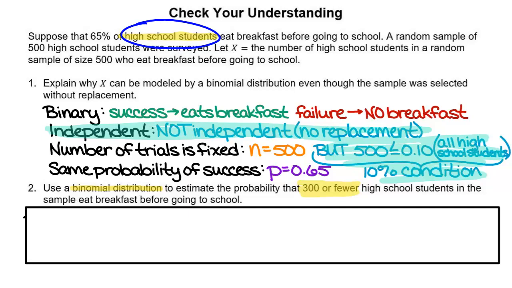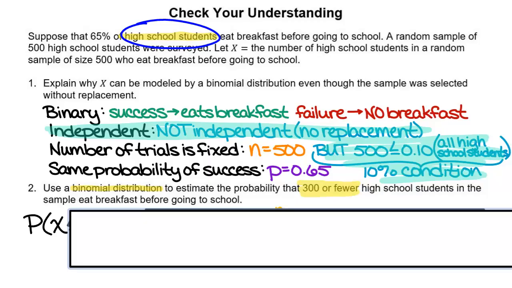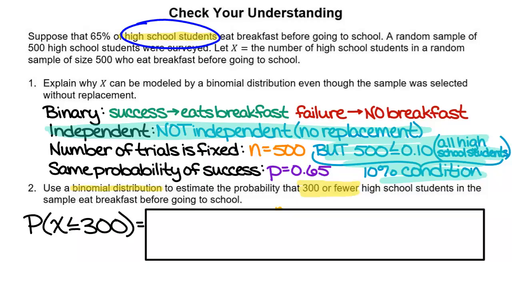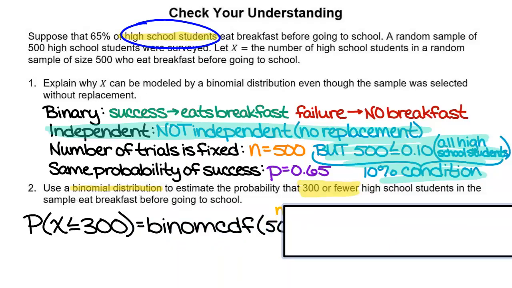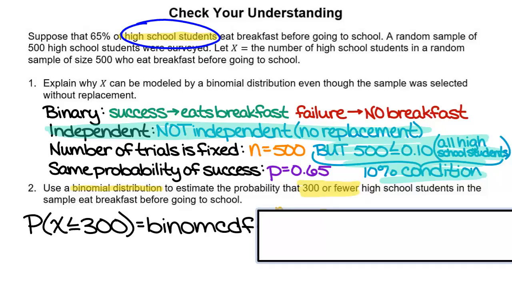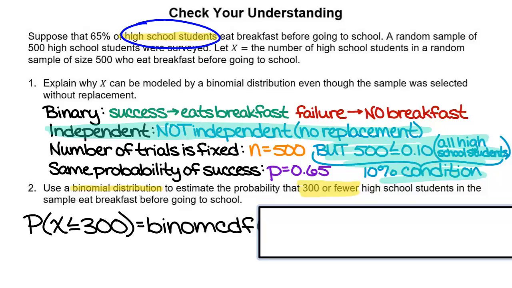Use a binomial calculation to estimate the probability that 300 or fewer high school students in the sample eat breakfast before going to school. What's my probability notation look like? P of X less than or equal to 300. And what function are we going to use on the calculator to do this? Binom CDF.